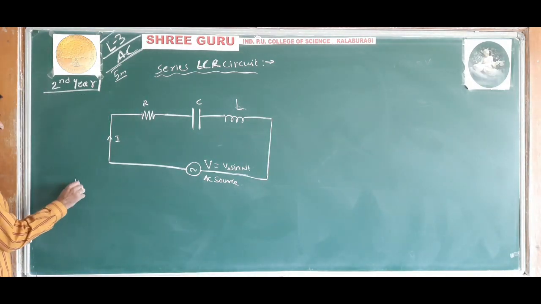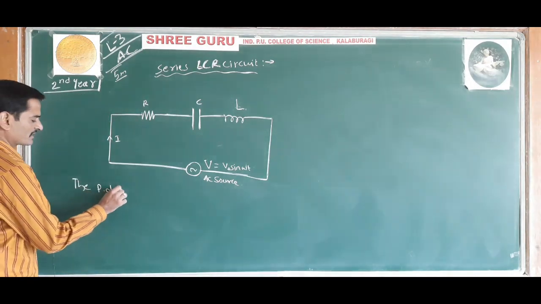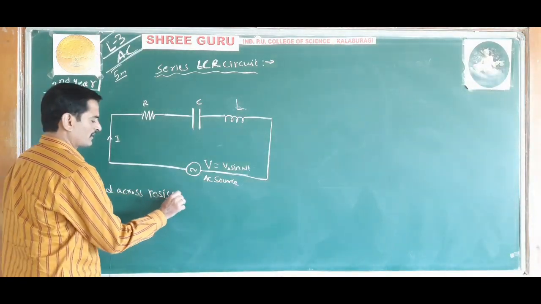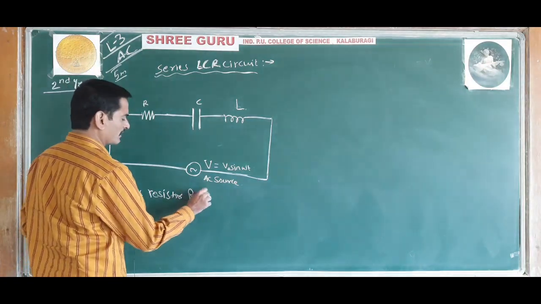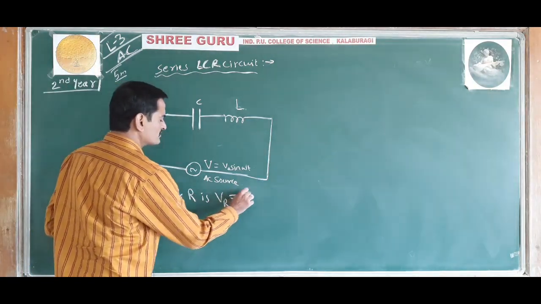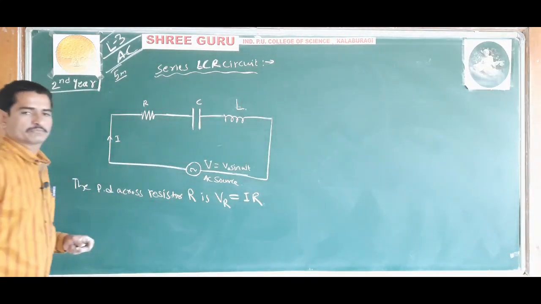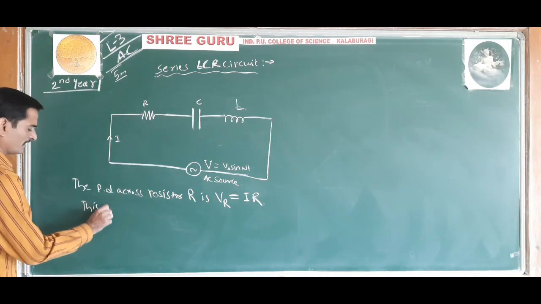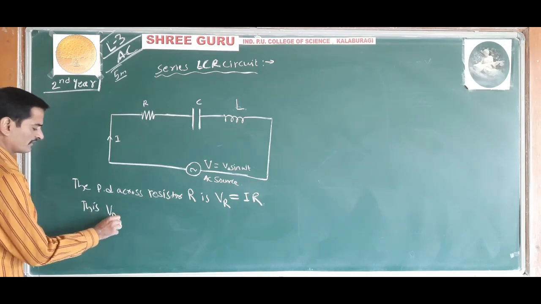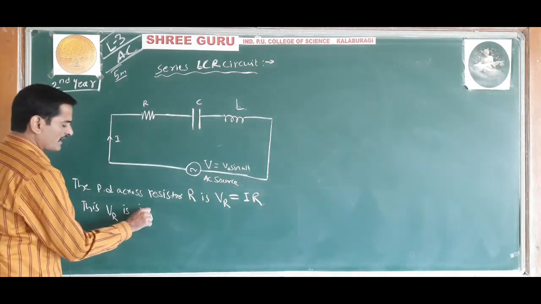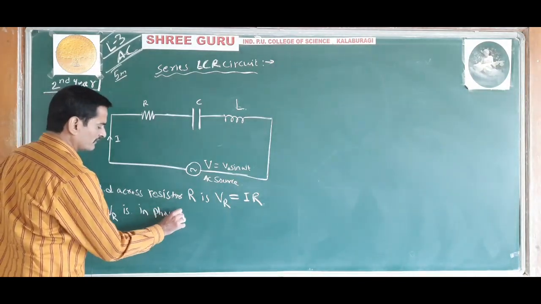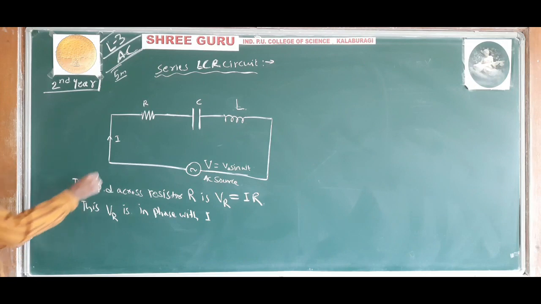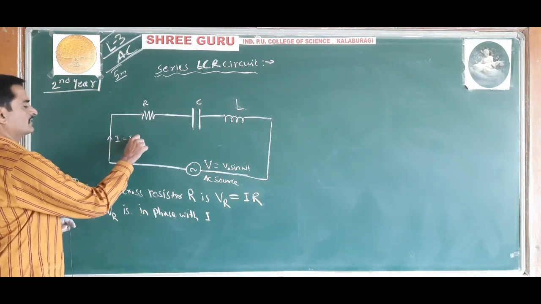Then the potential difference across the resistor capital R is VR is equal to I into capital R. This potential difference is in phase with I, the RMS value of current.